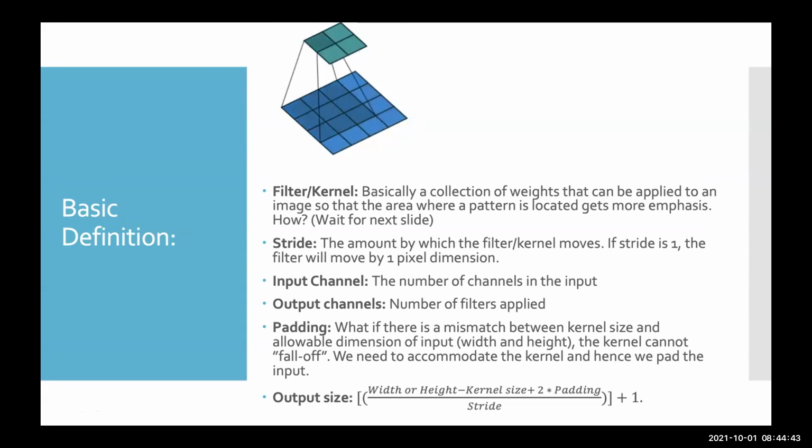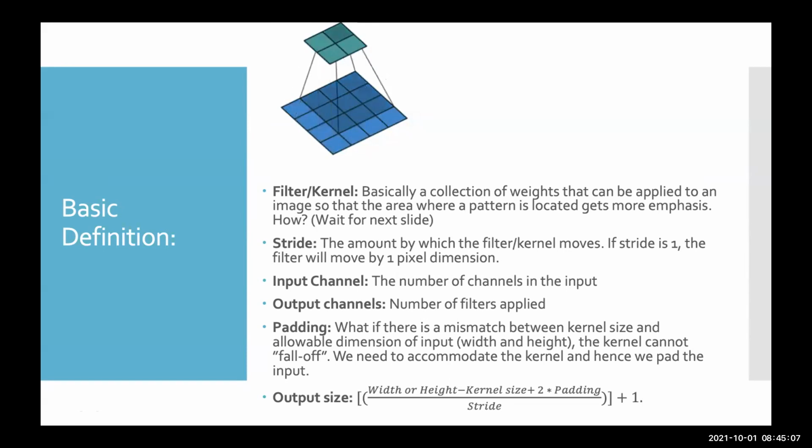That's what we're going to be updating through backpropagation. We're going to look at the next slide and see how exactly these weights are applied. But for the time being, you can think of the filter or kernel as the set of weights that we are using to scan throughout the image or the utterance in order to detect a pattern.